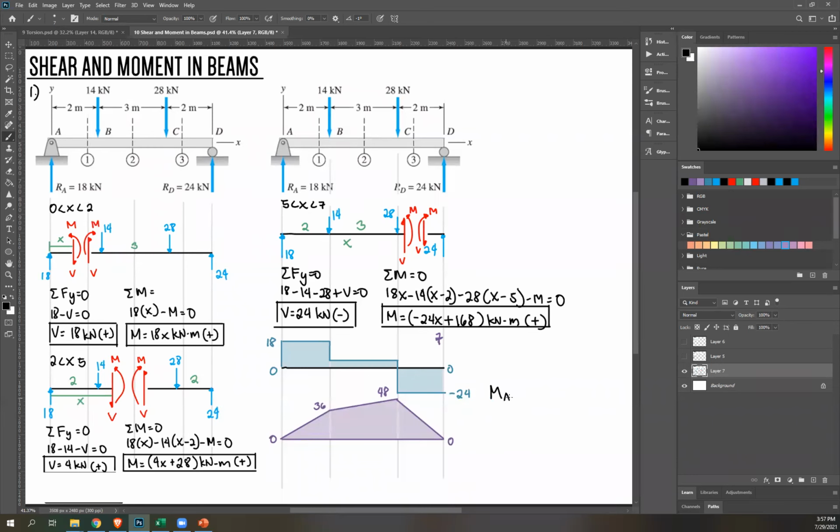So MB equals MA plus the area of your shear force diagram. So MA is 0 plus the area of this. This is a rectangle, so base times height, base is 2. 2 times 18, that's 36. And yes, the moment at B, or the value there, is 36. Okay, that's it.